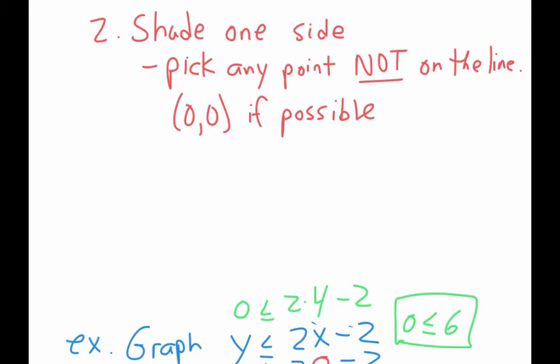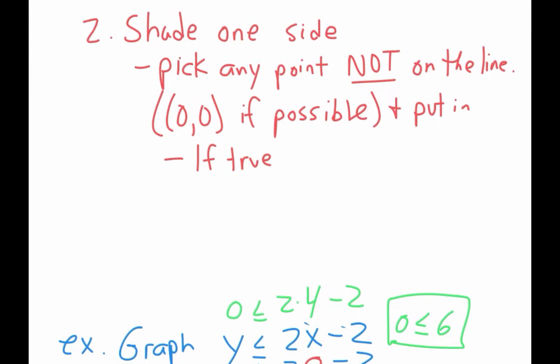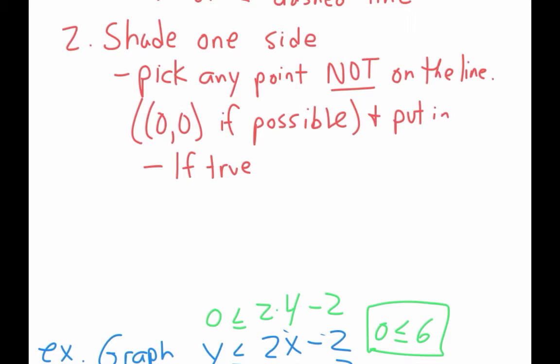All right, let's finish this off. So pick a point that's not on the line, and then I'm going to say indent a little if true. Oh, maybe I should say 0, 0 if possible. And so I'm going back up to the thing before, and put in the inequality. So put it in that original problem.